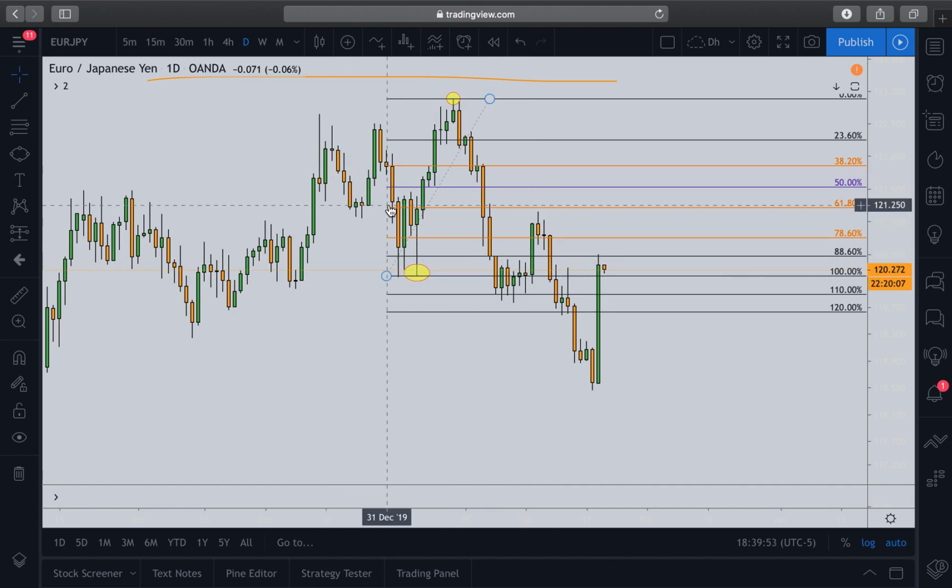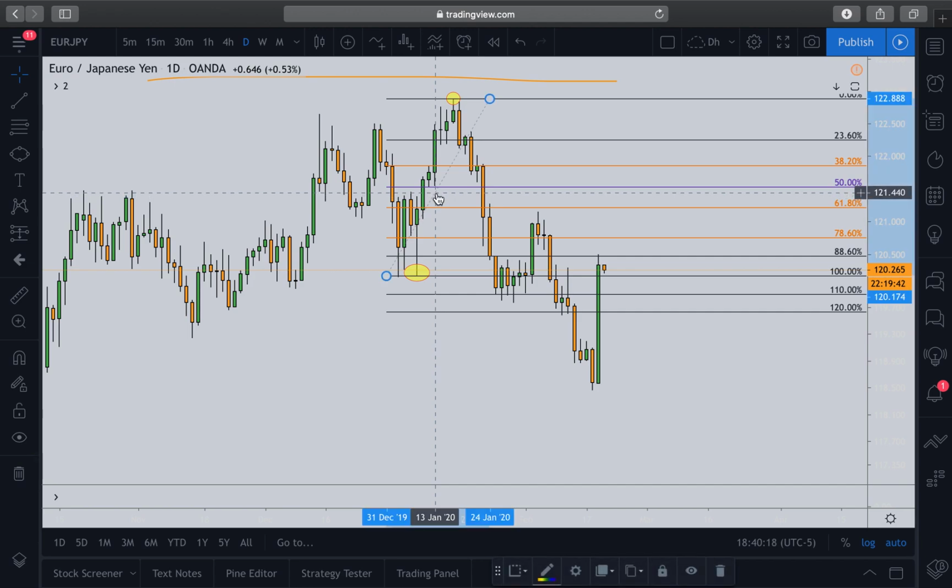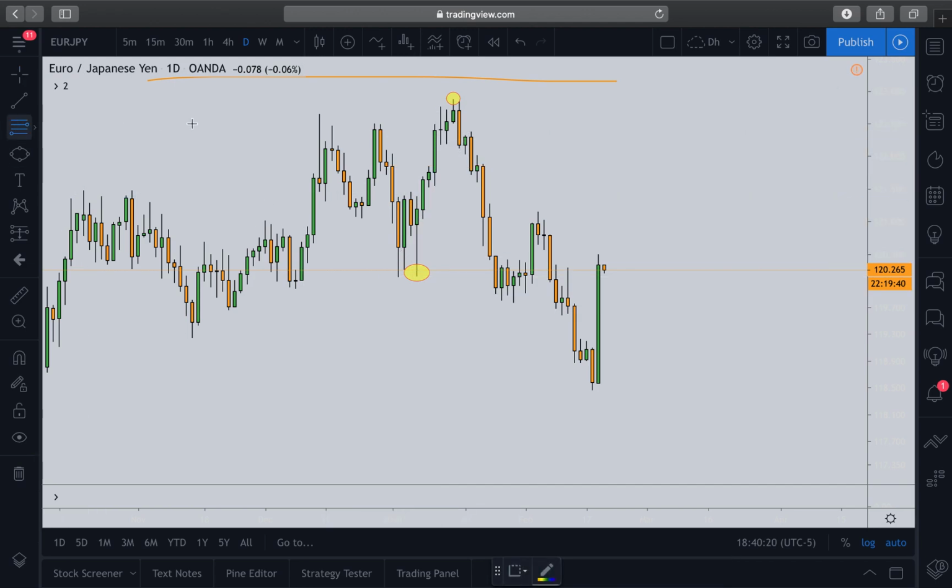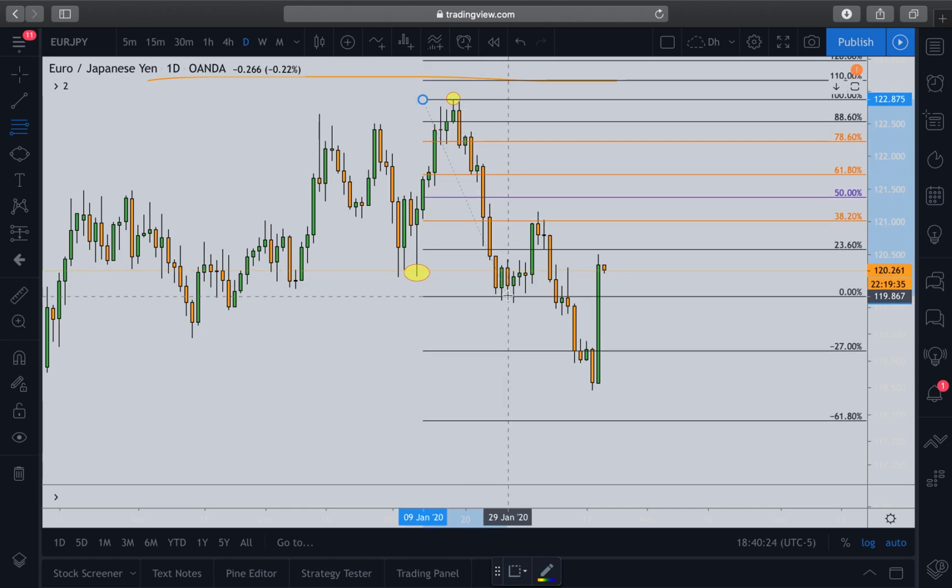Now, normally what I do is once I see that structure has gotten broken, because let's say you weren't able to catch this down move for whatever reason. Remember, trading is a patient game more so than anything, so you're not going to catch every move, right? But if you didn't catch this move, but you seen, hey, from this push up, price went over 100%, that's break of structure. So the next course of action would have been to flip Fibonacci from bearish candle, like we did earlier, to bearish candle.